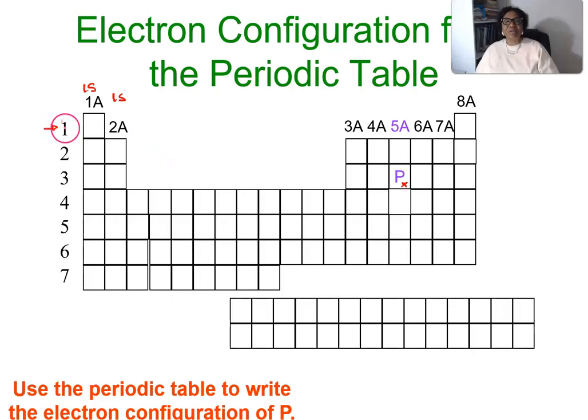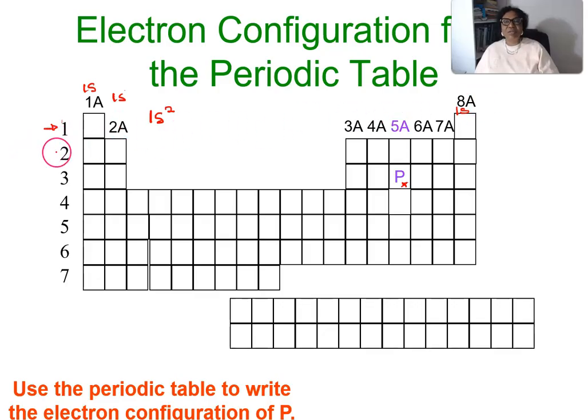This is period 1, and how many boxes do we have? 1 and 2. This represents the S. The boxes represent electrons. So 1s2.